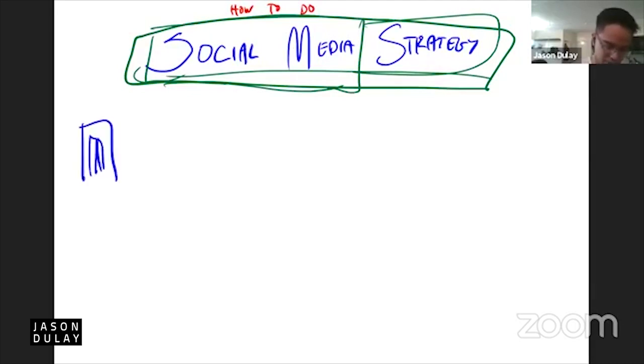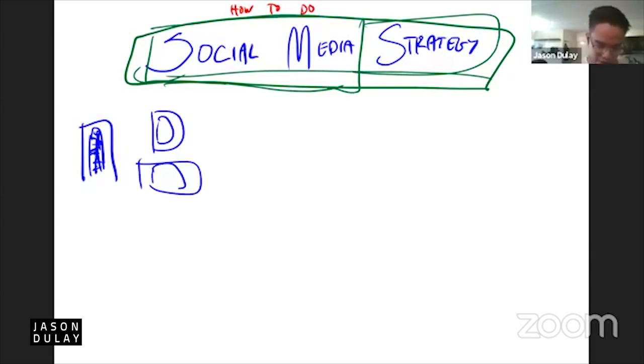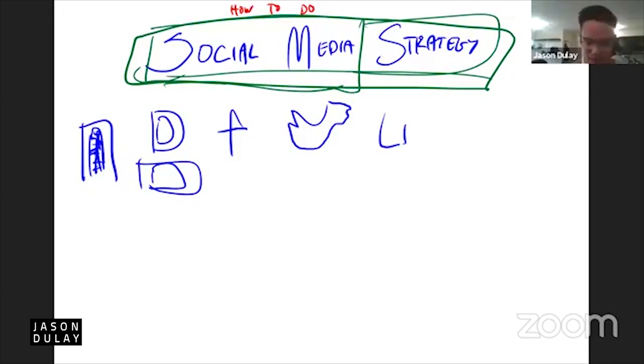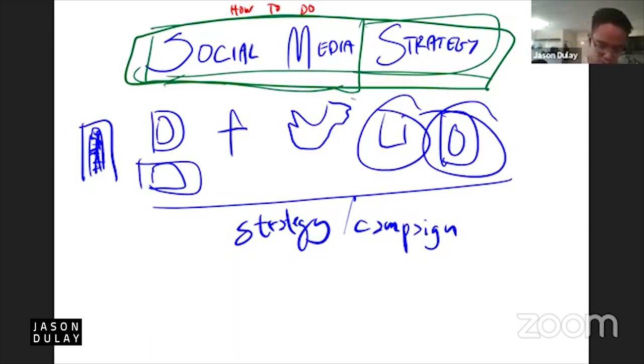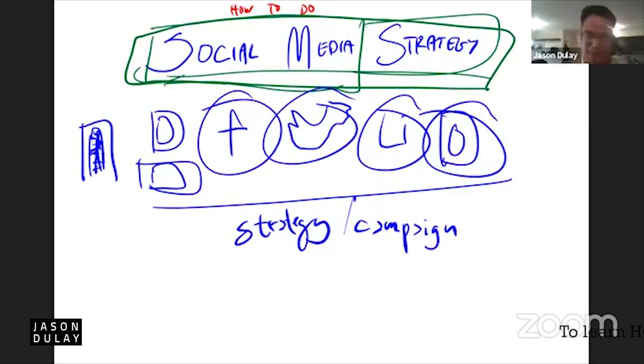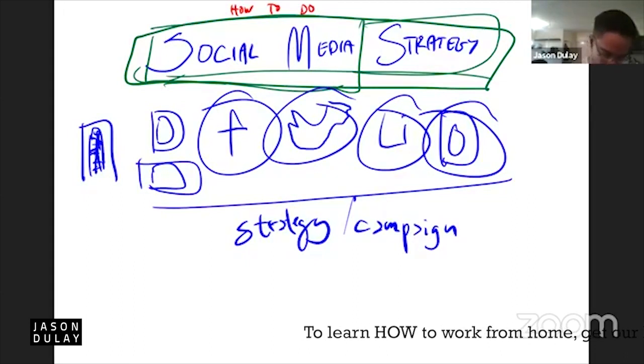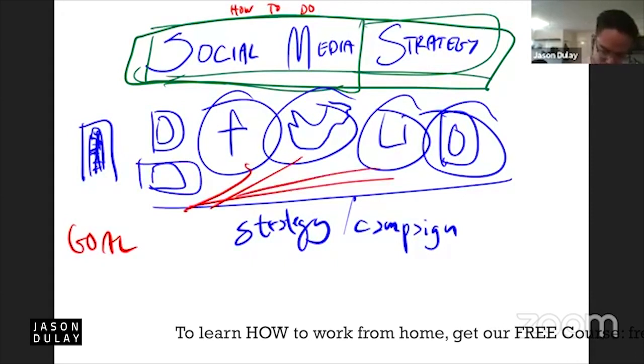Your job is to go on their website, their Facebook, their Twitter, their LinkedIn, their Instagram, to take a look at what the company has and then create what we call a strategy or a campaign to best utilize these different social media platforms in order to achieve a company goal.